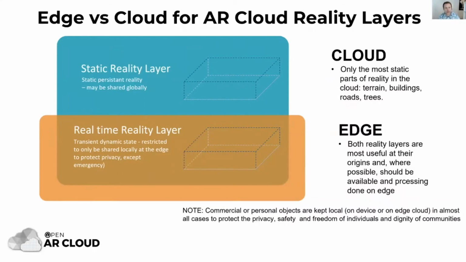But for all the stuff that is real time, obviously it's good to have it technically closer, as it reduces the latency and you have more optimal economics. It scales better. But importantly, it also allows people and businesses to have their local data on their device or on the edge compute nodes, so that there is less of a risk of it being exploited and used for nefarious purposes.